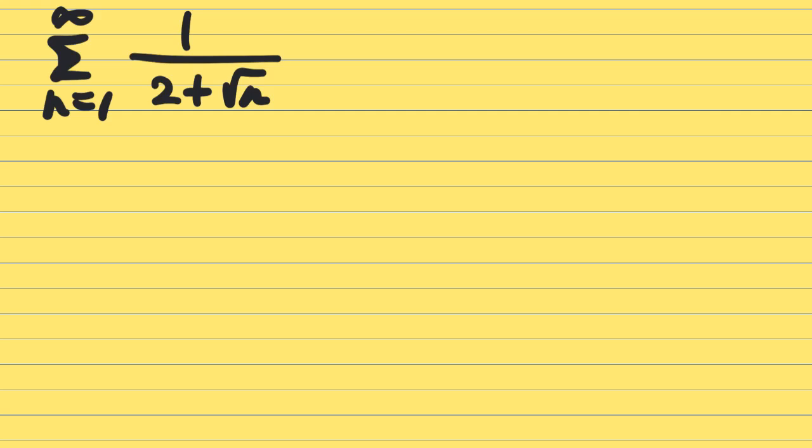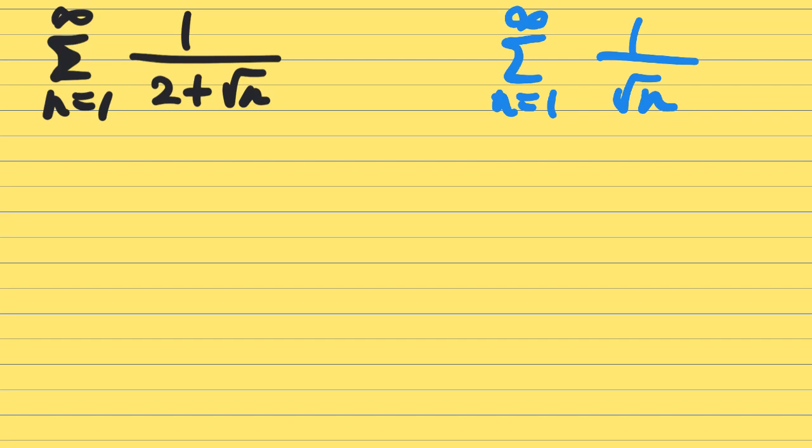This next example, the sum from 1 to infinity of 1 over 2 plus square root of n, again, focusing on the dominant terms, we could compare this one to 1 over square root of n.